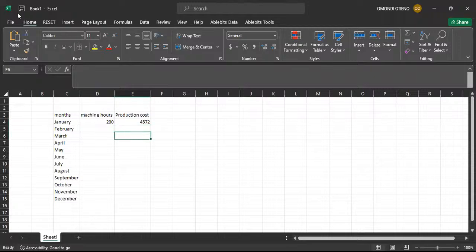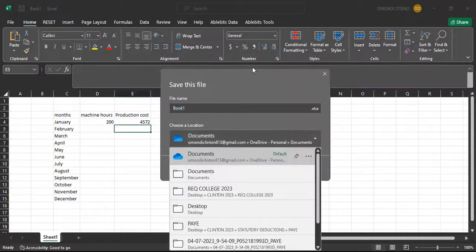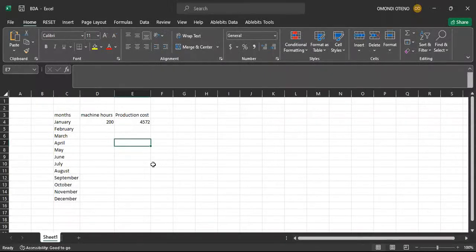Anytime I try to save this, it keeps on changing. Let me just save so that I'm able to do the savings very well. Good. So this is what I have as my formula indicates. The lowest is 180, the highest is 320 for machine hours.